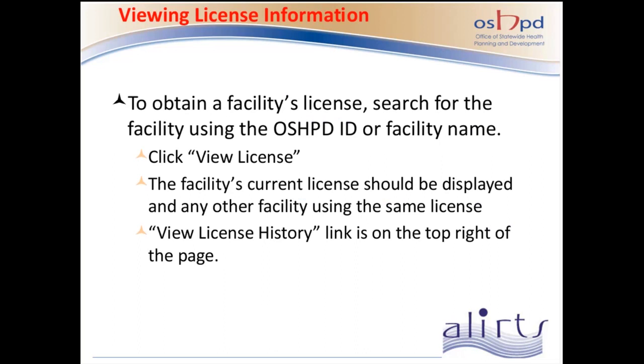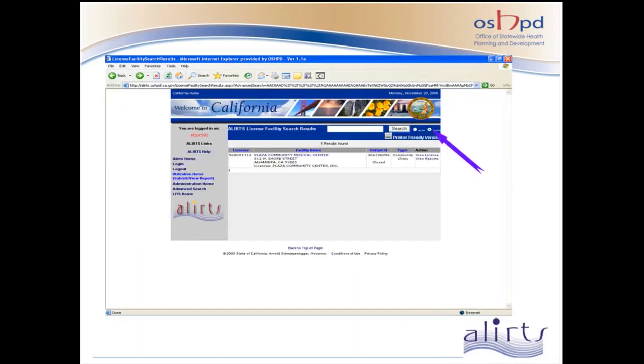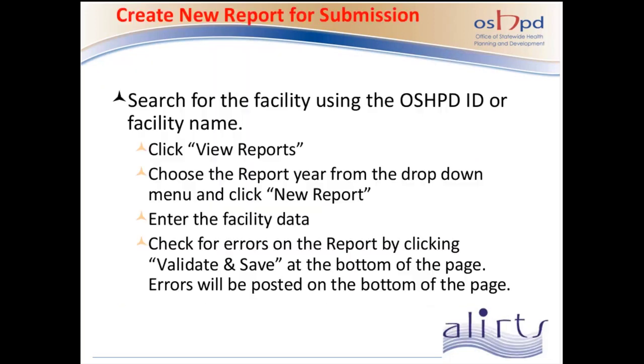I showed you all the wonderful information that the ALIRTS licensed facility search page results can give you, such as the license, the facility name, where they're doing business as, their OSHPD ID number, and how that word in the Action column can be a huge help in either viewing the facility's license or viewing the facility's report.